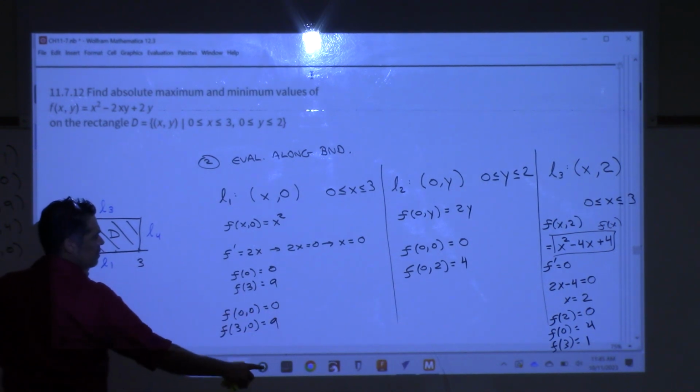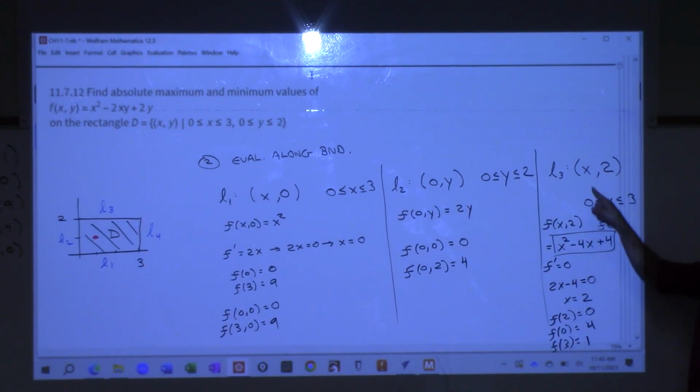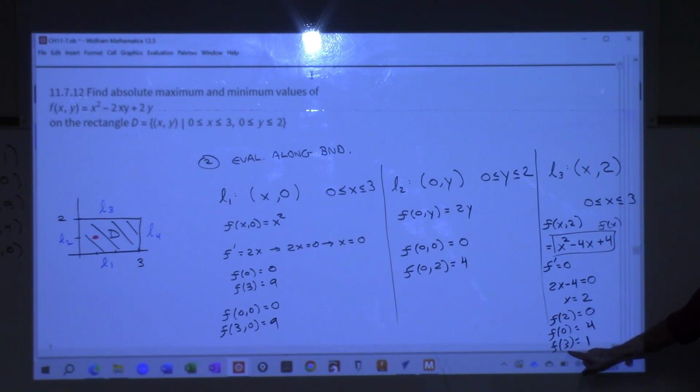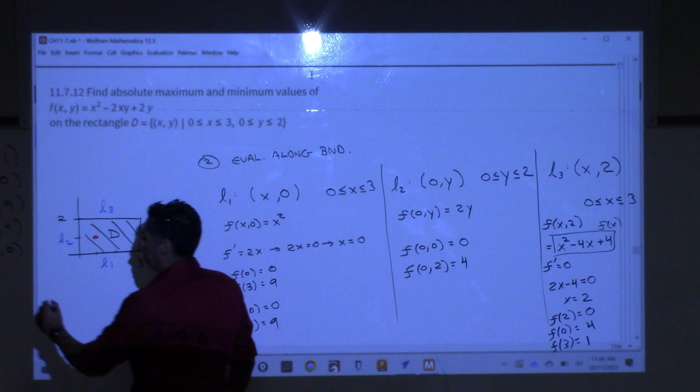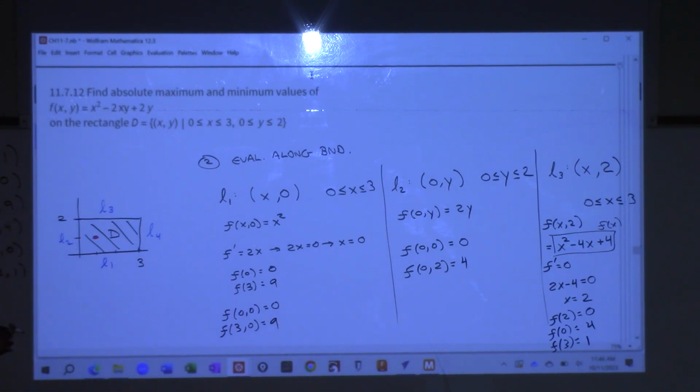You know what I'm doing here? 2, 2 goes here, I get 0. 0, 2, I get 4. Do I have that over there yet? Yeah, I already have that. 3, 2, I get 1. I don't think that's over here yet. Does it make sense? Going kind of quick here, but any questions?